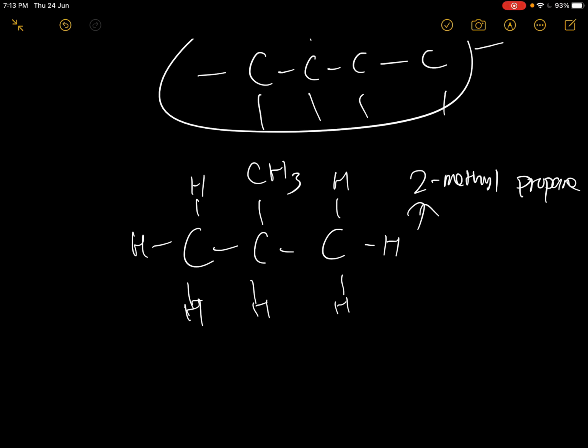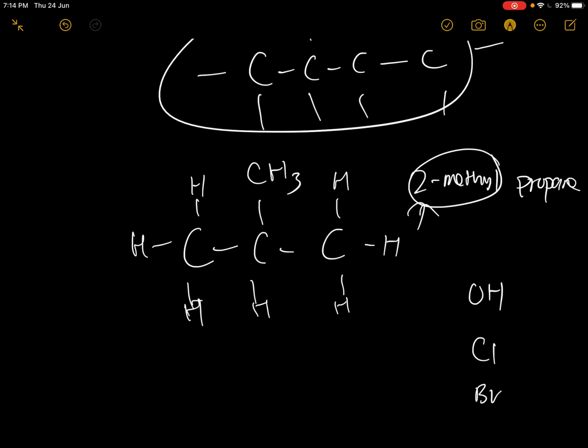When you have an alkyl group in your compound, or actually anything that is not hydrogen in general, for example, OH or Cl or Br, you need to state their position in the carbon chain, in the carbon compound. So yeah, you need to mention which carbon atom they are on.